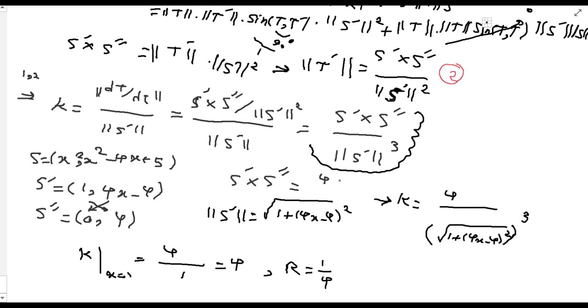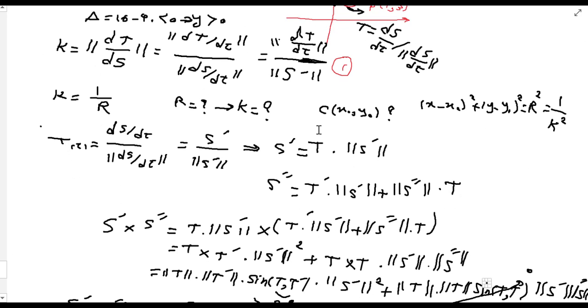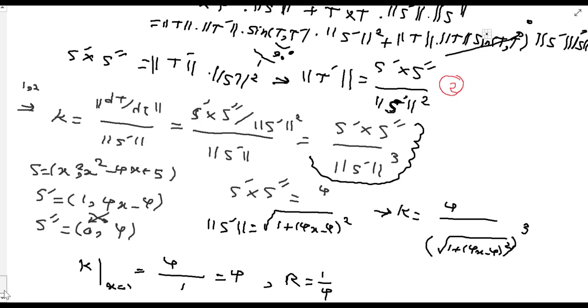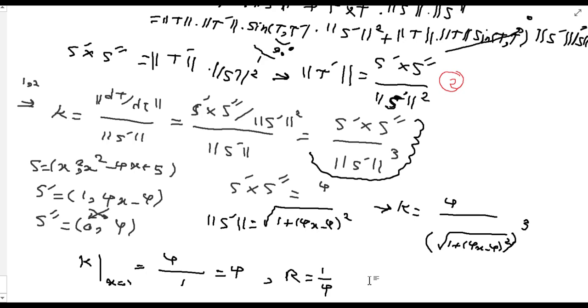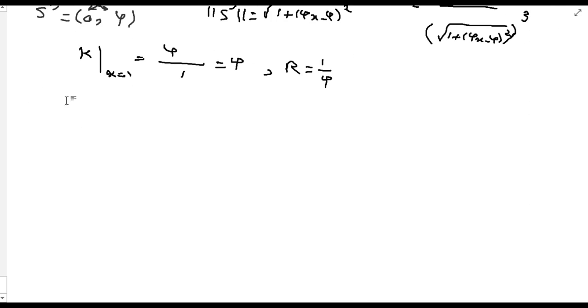So if we go back to this, here we could find the r, and we just want to find x0 and y0. Let me write the circle equation. The equation of a circle is x minus x0 to the power 2 plus y minus y0 to the power 2 is equal to r squared, which is 1 over 4 to the power 2, which is 1 over 16.